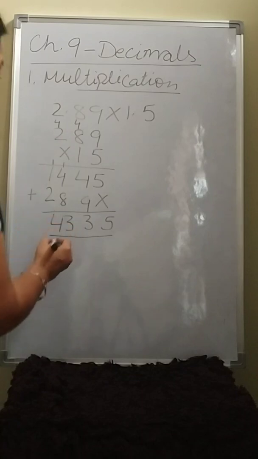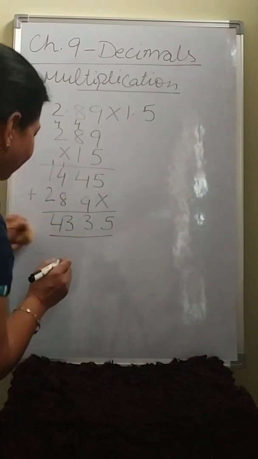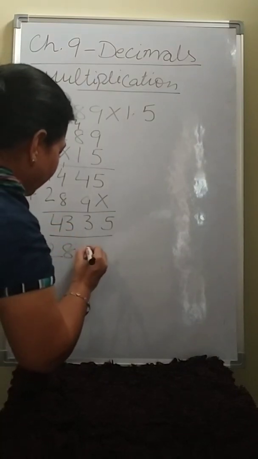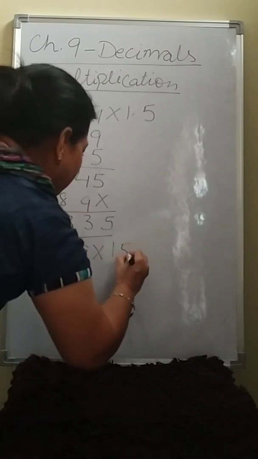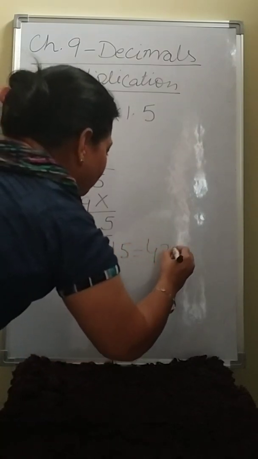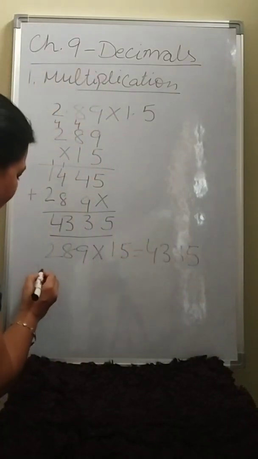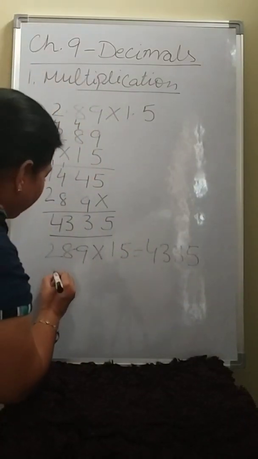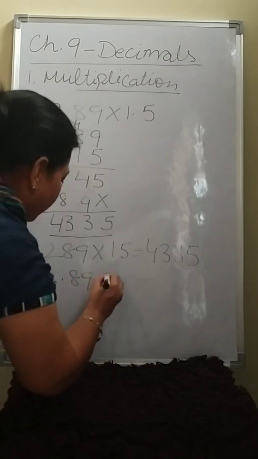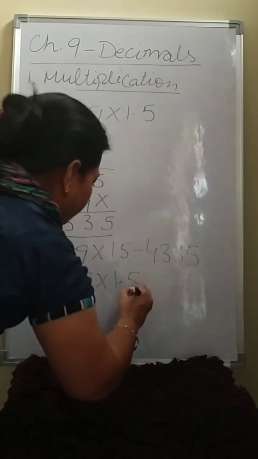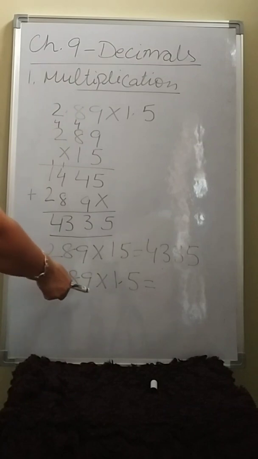So 289 into 15 is 4335. And you have the question 2.89 into 1.5. Here the decimal is before two digits.